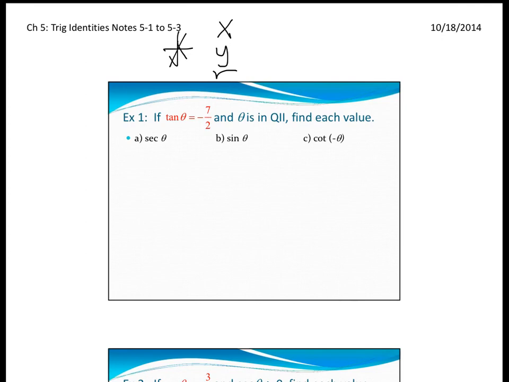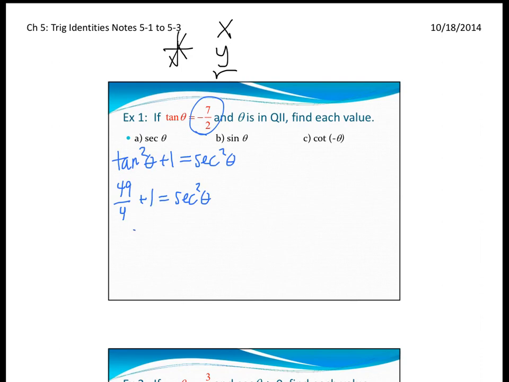The identity that we're going to want to use here is that tangent squared theta plus 1 is equal to secant squared theta. I can now plug in my tangent theta ratio, and when I square negative 7/2, I get 49/4 plus 1 is equal to secant squared theta.